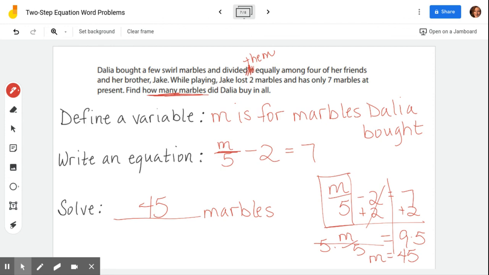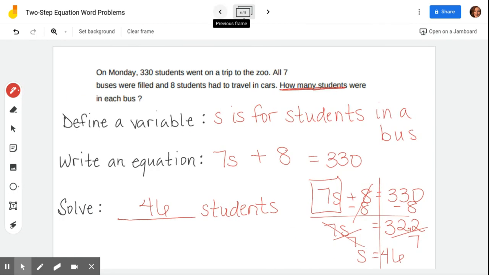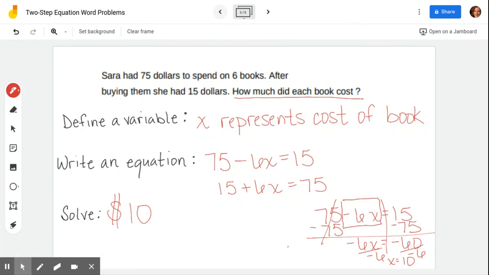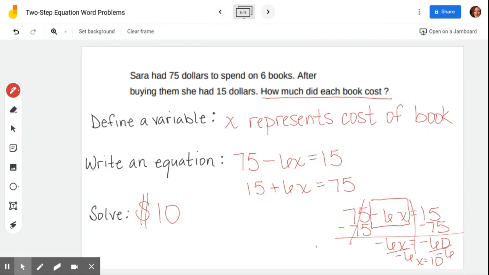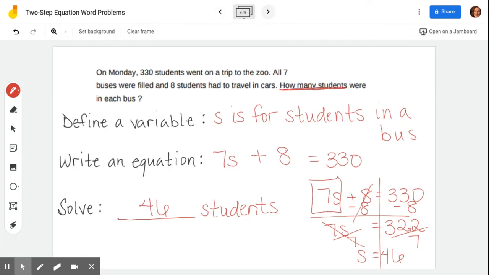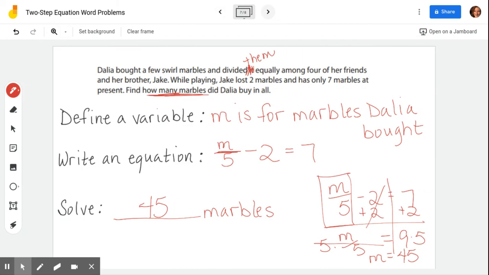Before we call it a day, I want to show you one more thing. If you look at every equation that we wrote on all of these problems, there are a couple key things that they all have to make it a good, proper, solid equation. They're all going to have a variable. And specifically, it's going to be whatever variable you said you were going to use when you defined it.